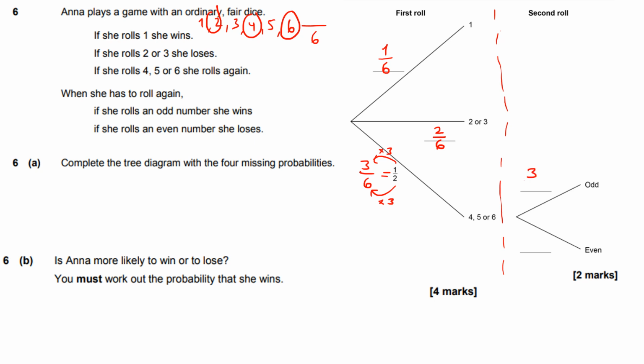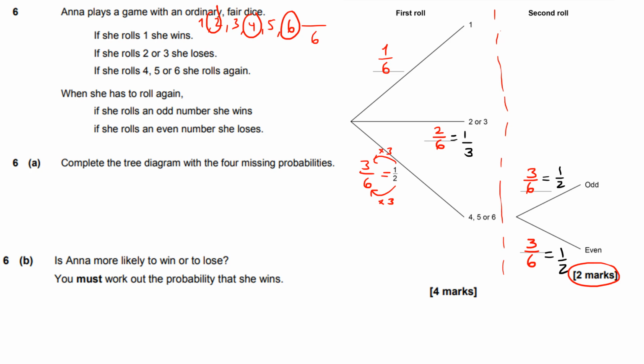So that's going to be 3 out of 6, 3 out of 6. Or some of you might prefer to write this down as half and half. Okay, you can simplify them, that's absolutely fine. You could write this down as half. You could write this down as 1 out of 3 if you like. Now, this is how you complete the table, and this is how you get 2 marks from the table. So this is how you get full marks from this section.